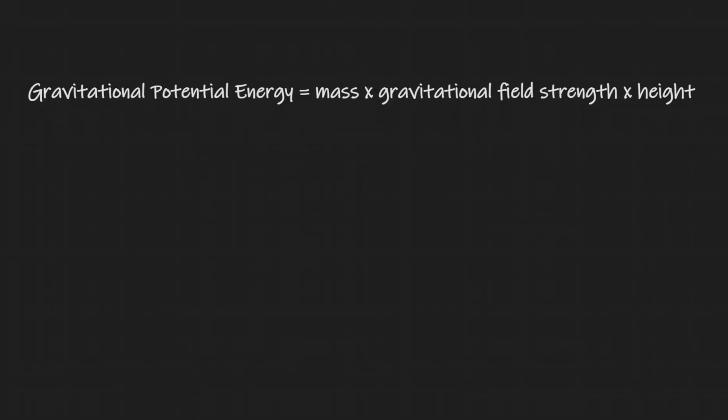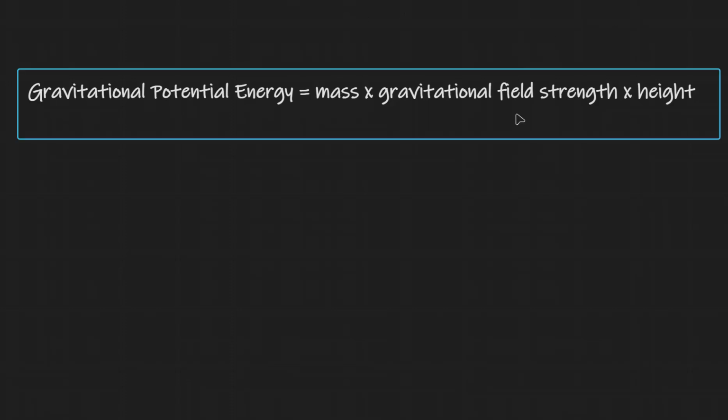And let's also talk about gravitational potential energy, which is just equal to mass times gravitational field strength multiplied by the height. The symbol for it is normally just E_P, and this is equal to m, the mass, times g, the gravitational field strength, or the gravitational acceleration, that's essentially the same thing, multiplied by the height, h.